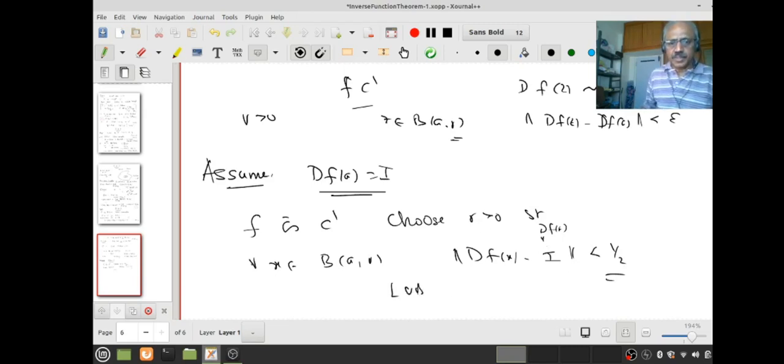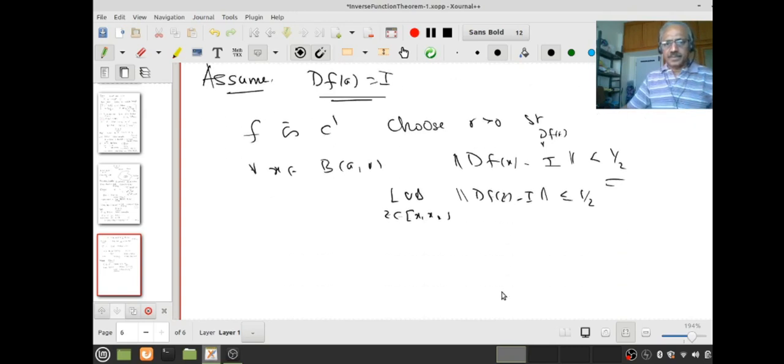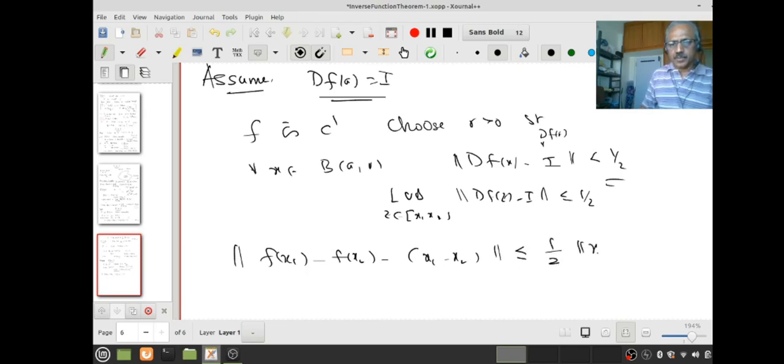Therefore, LUB over z in the segment x1, x2 of norm of Df(z) minus identity will be less than or equal to half, because each one of them is less than half, right? You follow that? Therefore, what do I have? I have norm of f(x1) minus f(x2), assuming they are equal, minus (x1 minus x2), is less than or equal to half times norm of x1 minus x2. This implies x1 equals x2.